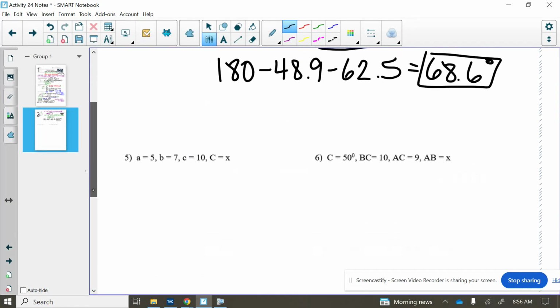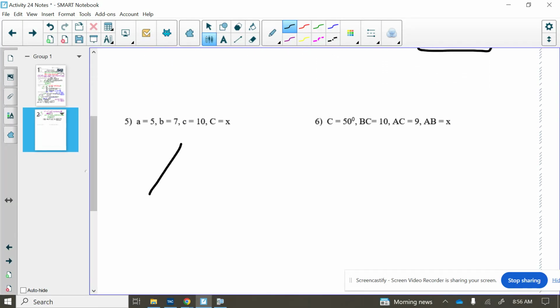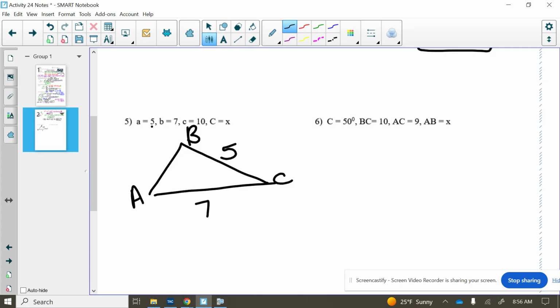Now, the last part of this is a little bit about the setup. Notice how they are giving you the pieces. They have A, B, C would be our angles. Little a means the side across from big A. Little b means the side across from big B. And then little c, it says, is 10.